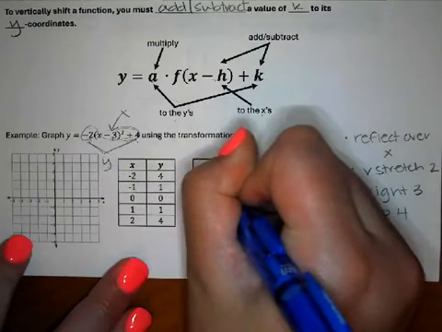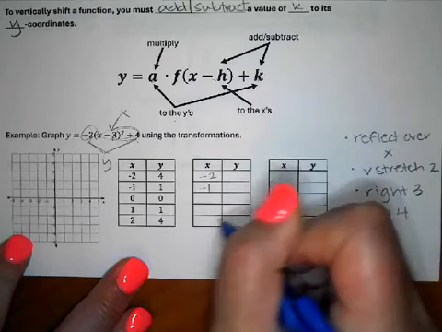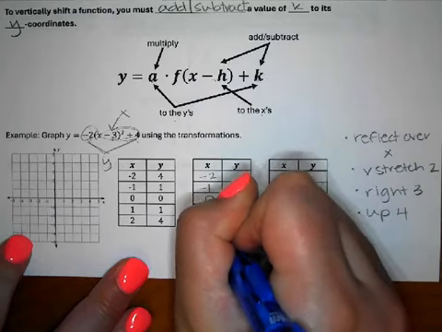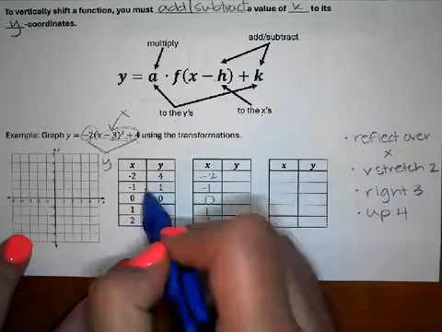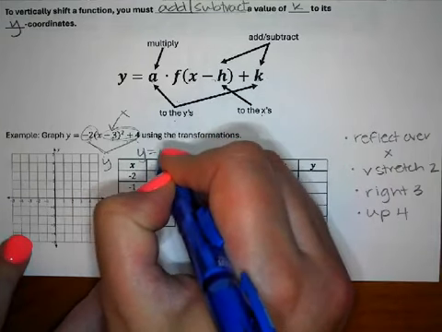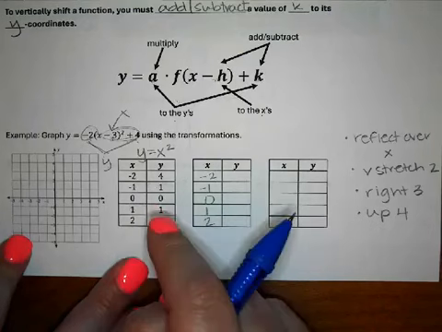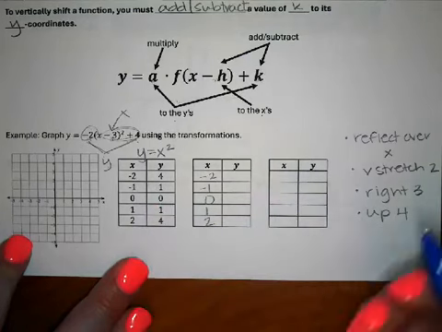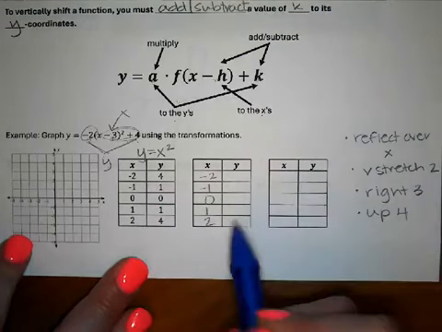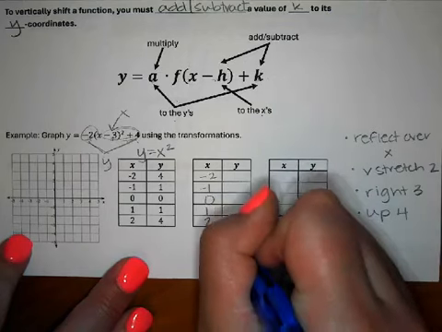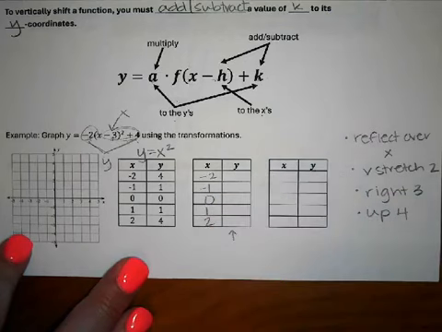So since this was a quadratic, that means that this is the table from y equals x squared. I just got it from some of my previous notes that have the table in it. All right, and so what I'm going to do now is reflect over the x-axis by multiplying my y coordinates by -1.